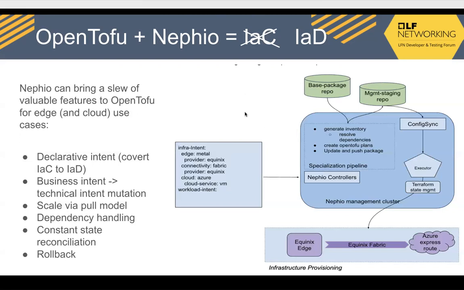Maybe if Sandeep is online. On the question, actually there is already a KRM function in the KPT catalog for Terraform, and that is where we started. That is where we got inspired from. There is a function that can generate Terraform plans.